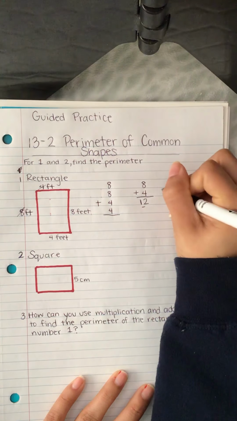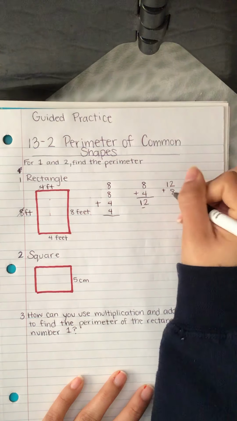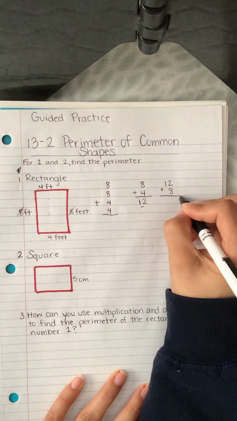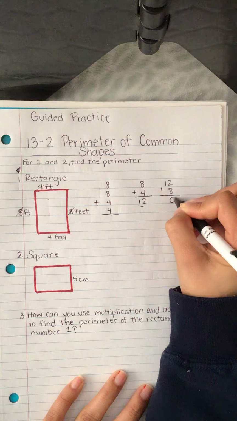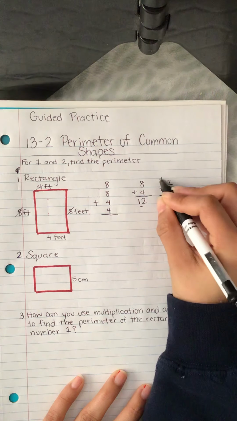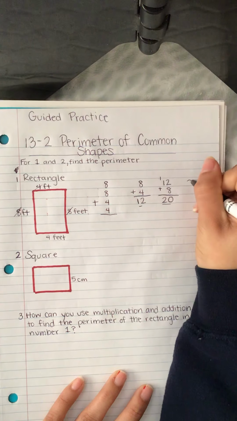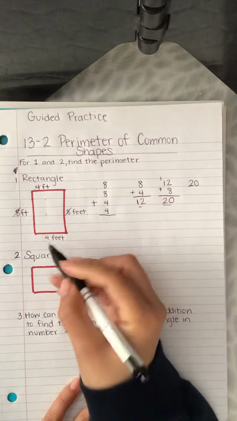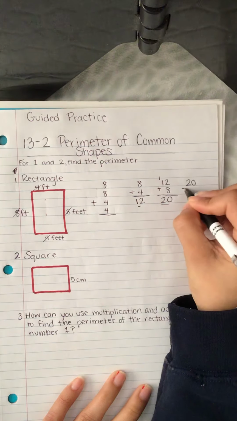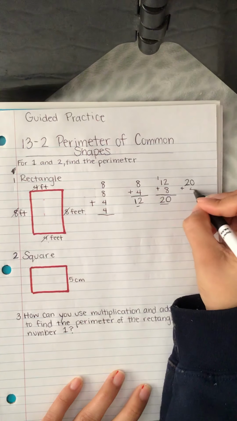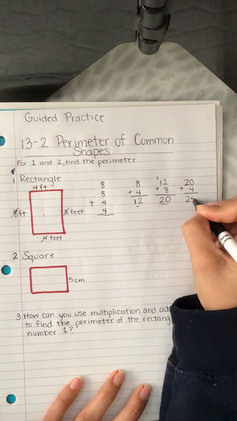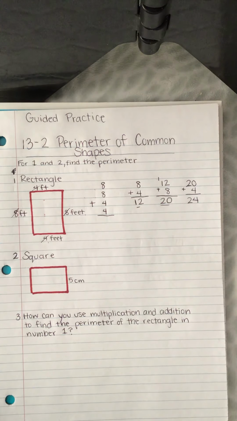12 plus 8. 8 plus 2 is 10. Carry the 1. 1 plus 1 is 2. Here is my new number. So 20, I have one more left, plus the 4 gives me 24.